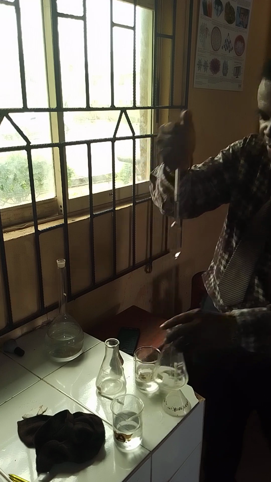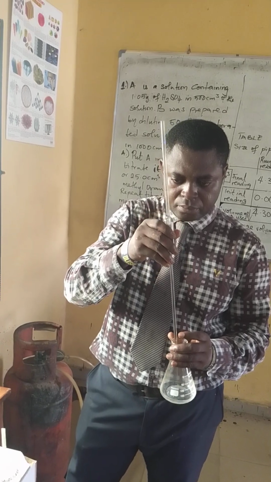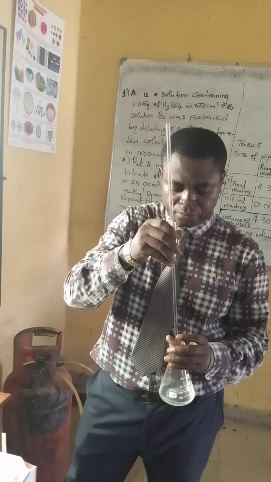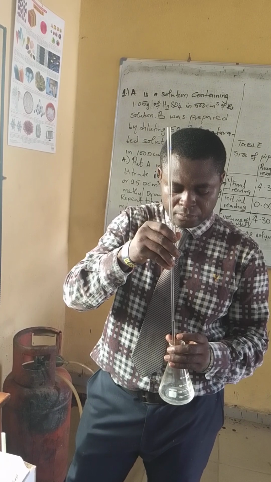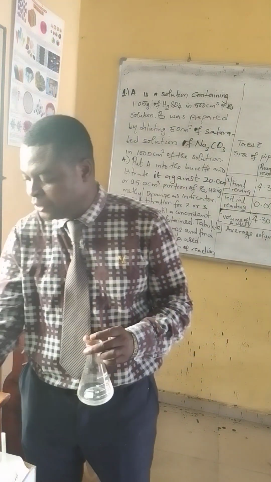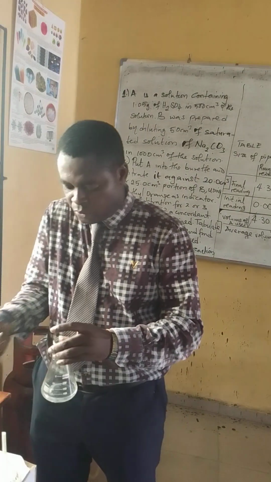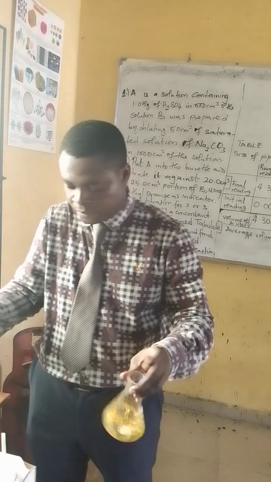So I can transfer this into the conical flask. Then I put my methyl orange, 1, 2, 3.